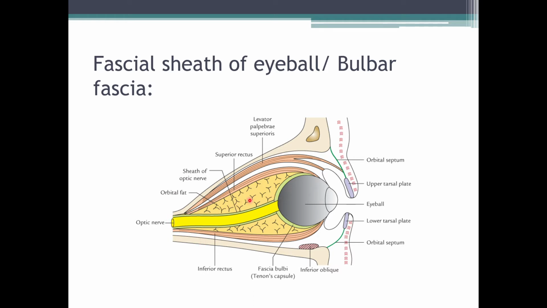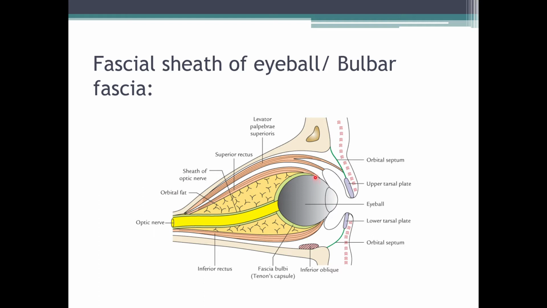You can see this green colored structure over here, extending from the optic nerve towards the sclerocorneal junction. See this part, this is your sclera, and over here is your cornea.